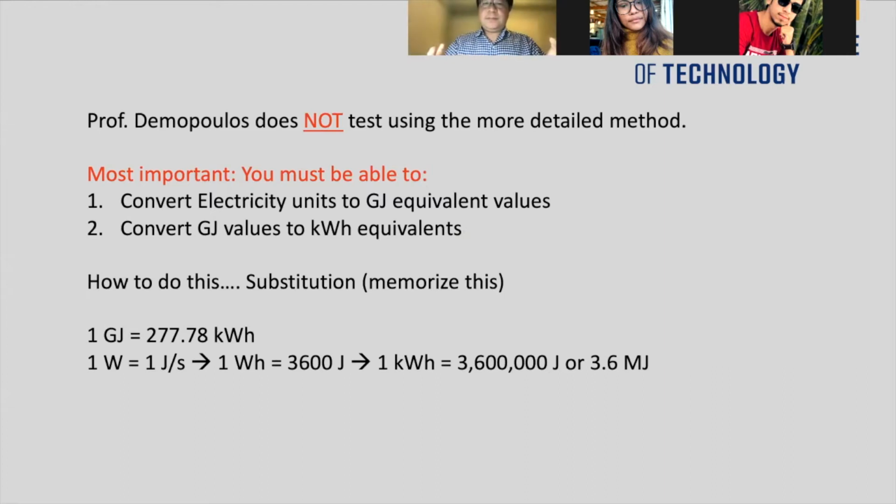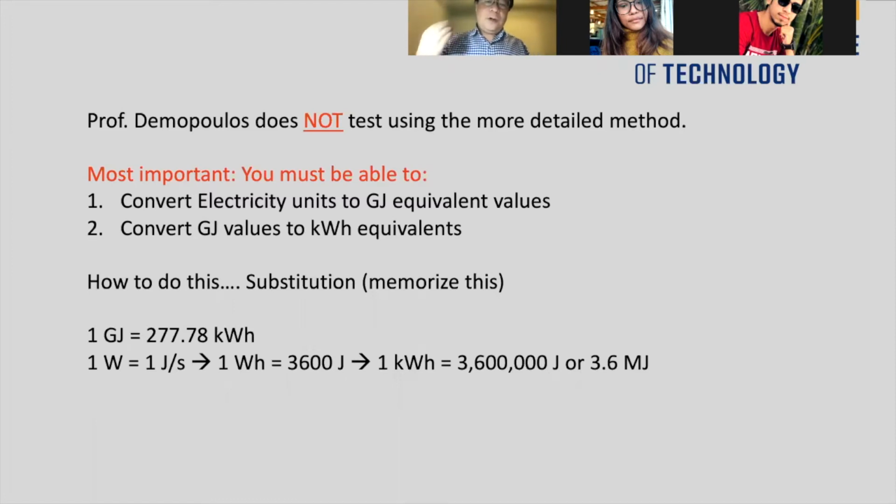This is a very important slide because this slide is prepared by Mr. Demopoulos. So the professor does not test using a more detailed method. What I try to present about the different compounds is for your reference.